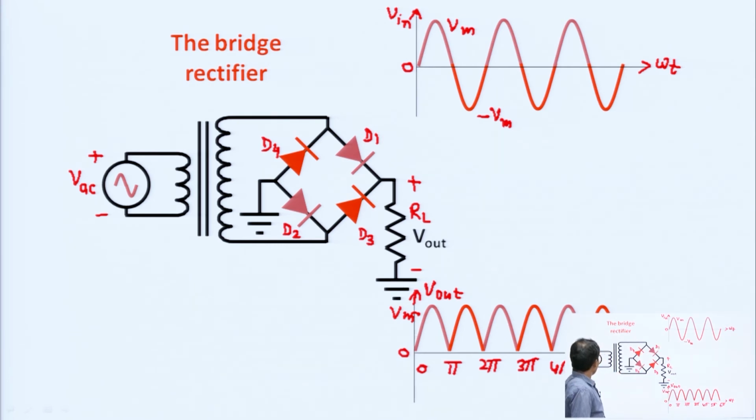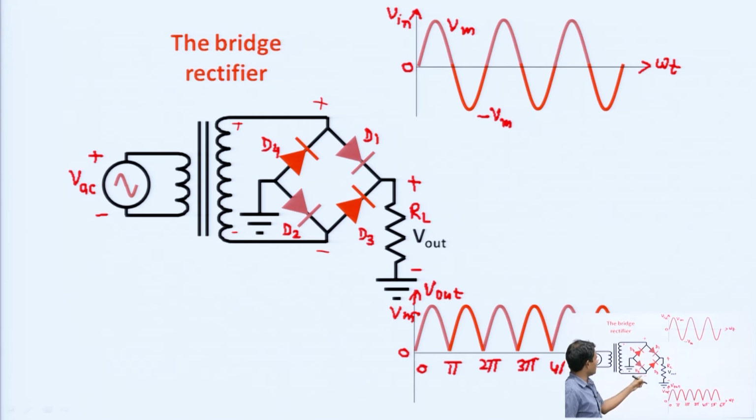Now, for the positive half cycle, what will happen here? This is the sign convention, this is plus and this is minus. This means this terminal is plus and this terminal is minus. D4 is in reverse bias, here plus, this means D1 is in forward bias.